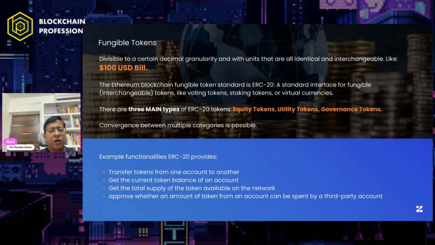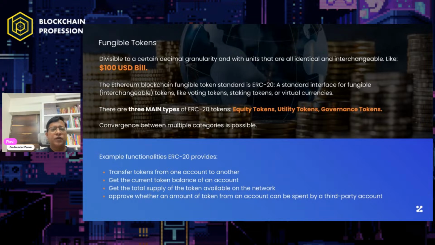For example, a $100 bill, a $100 bill, two $100 bills are completely fungible with each other. So if a token represents such kind of asset, a fungible asset, it is called a fungible token. And the common standard for creating fungible tokens is ERC20 on Ethereum and pretty much all EVM compatible chains.